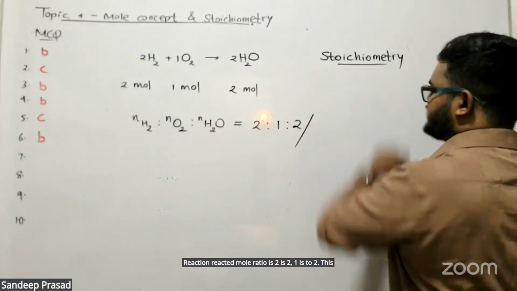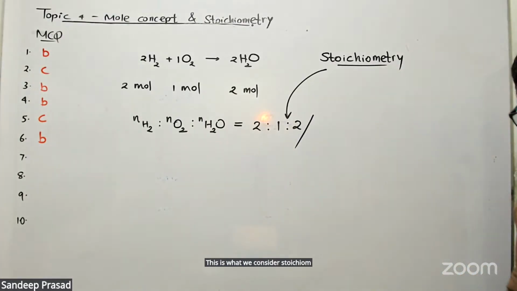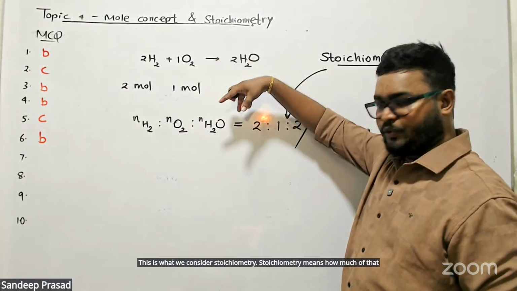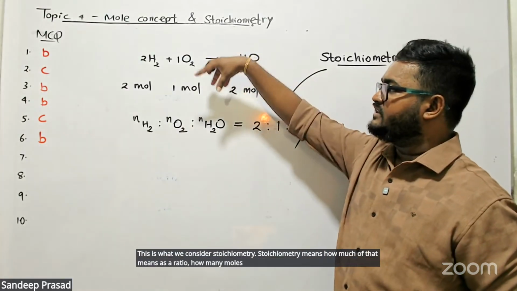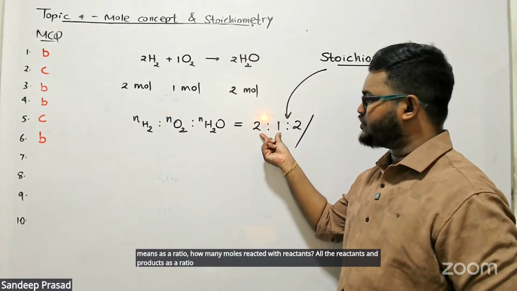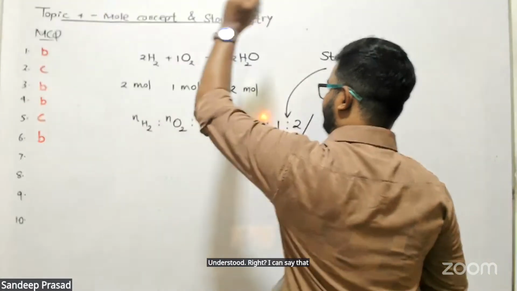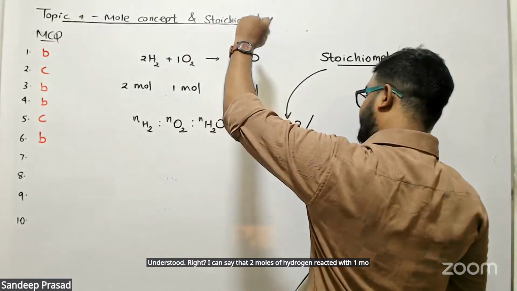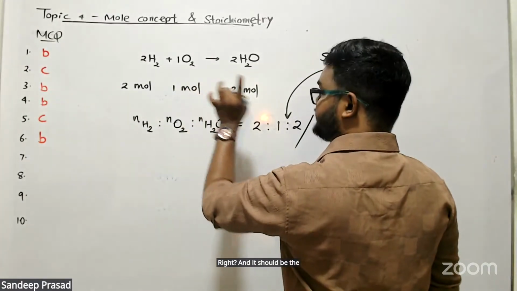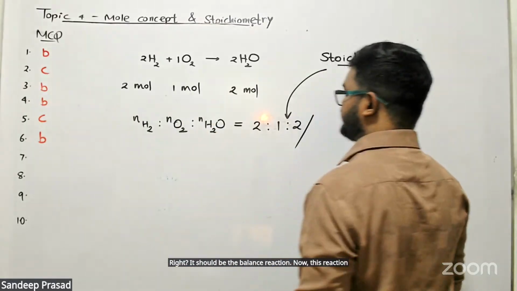This is what we consider stoichiometry. Stoichiometry means, as a ratio, how many moles of all the reactants and products react. It should be the balanced reaction, otherwise we can't take it. Now, this reaction is perfectly balanced.